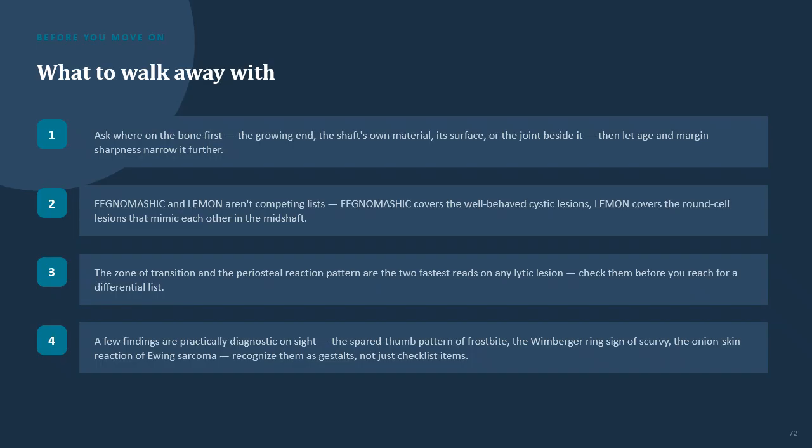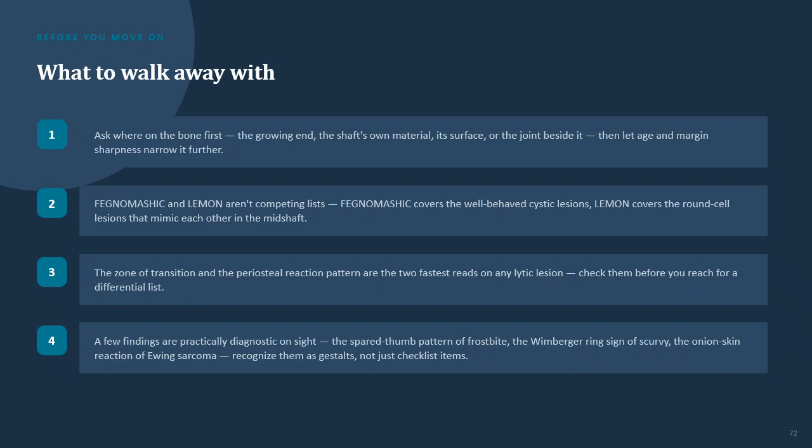Last but not least, some other patterns that we talked about were frostbite and the fact that the thumb might not be affected. We talked about scurvy. I don't recall talking about the Wimberger ring sign in any of the slides, but it basically looks like a white ring around the epiphysis, and it's usually caused by scurvy.